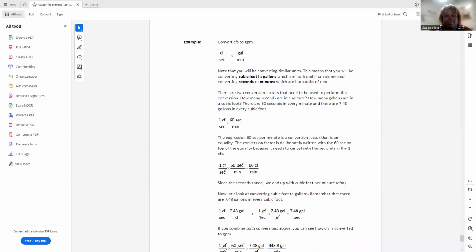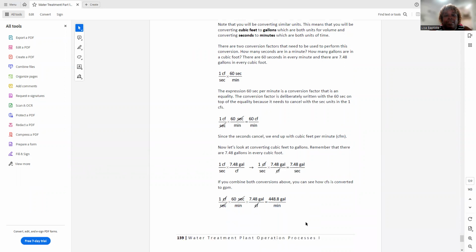And so 1 cubic feet per second times 7.48 gallons per cubic feet, we have 7.48 gallons per second, okay? And so now we have our 2 equalities. We want to put this all together so that we can get our gallons per minute, all right?